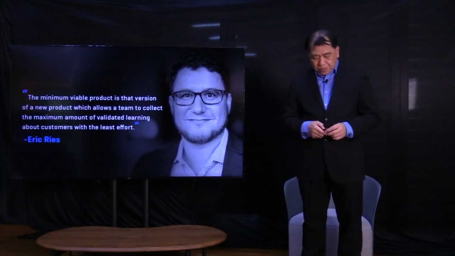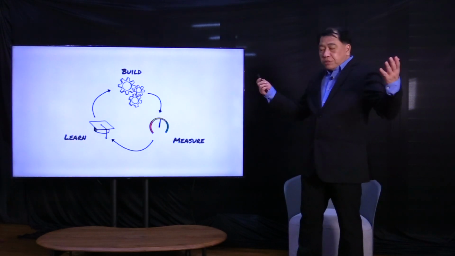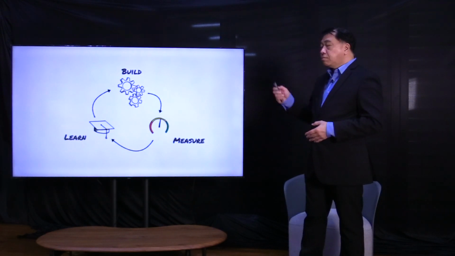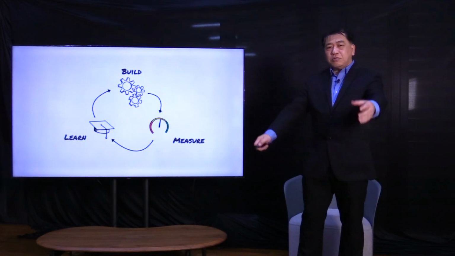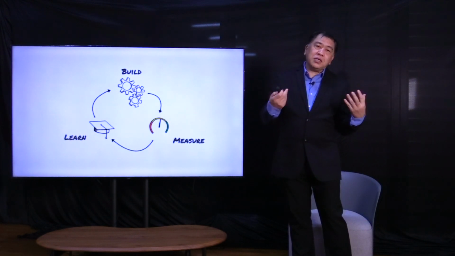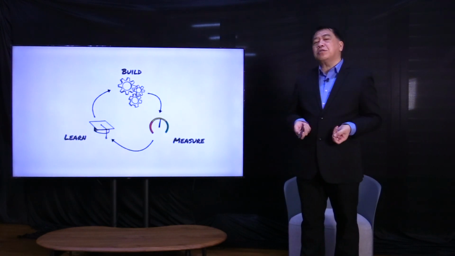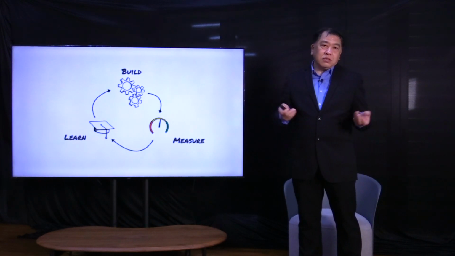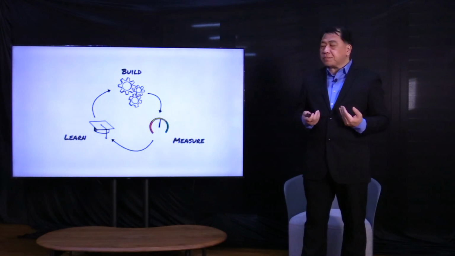For the MVP, he proposed something called build, measure, learn. Build the prototype. But do you really need to build the real thing? No. The concept is not to build the real thing, it's to test individual features. So what can you build? Well, it could be a simple test.